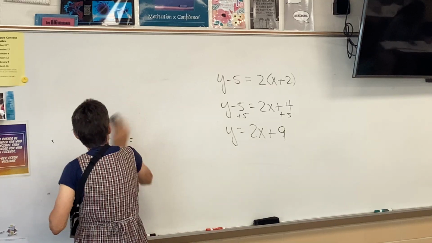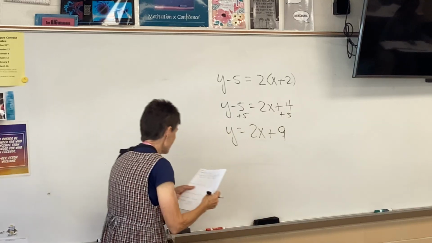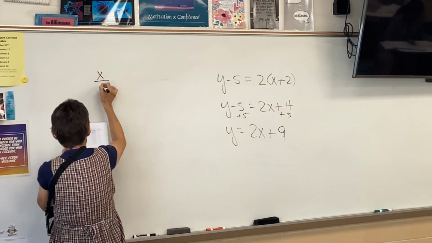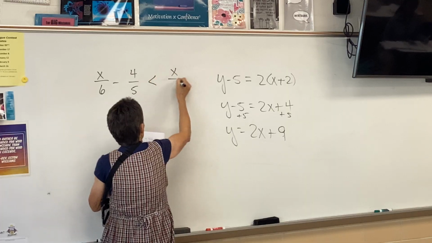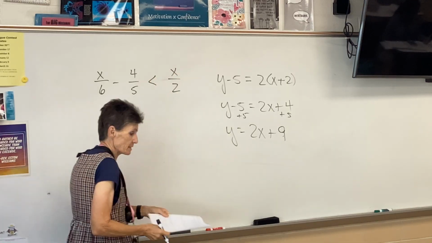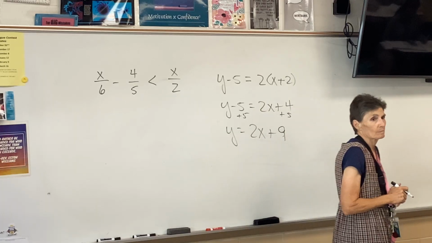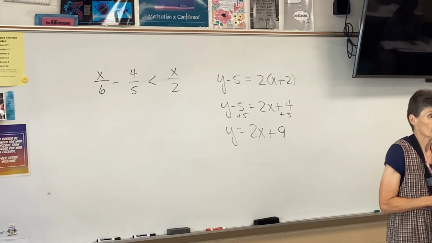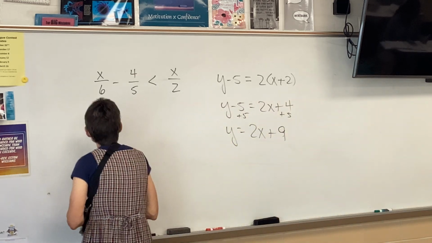All right, number 2. What did you do with number 2? Common denominator. Yep. And what did you use as a common denominator? 30. Is that all right? 30. So you want to make all of these 30s.